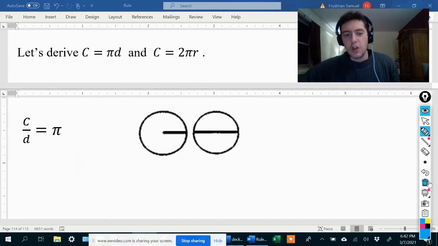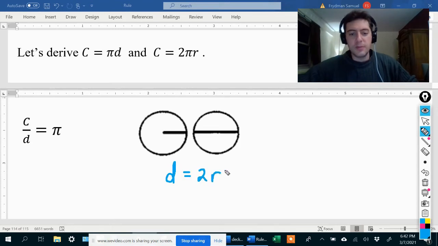So the length of a diameter of a circle is exactly twice as big as the length of the radius, and we could write that in equation form as d equals 2 times r.